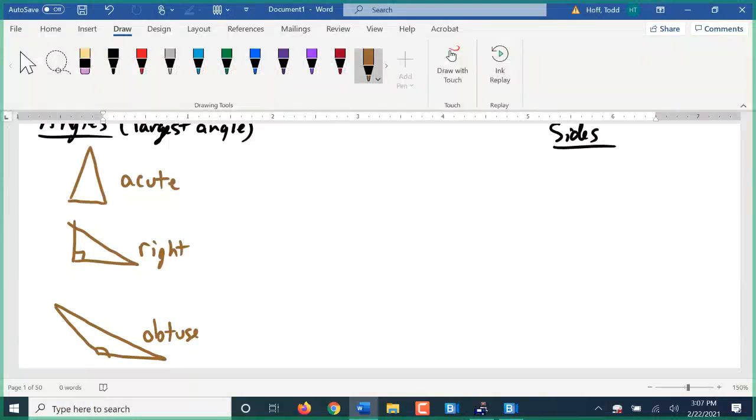For sides, let's start with the most special first. Those little hash marks mean that those sides are equal. That would be called what kind of a triangle? Equilateral, you got it. Equal meaning equal, lateral meaning side.